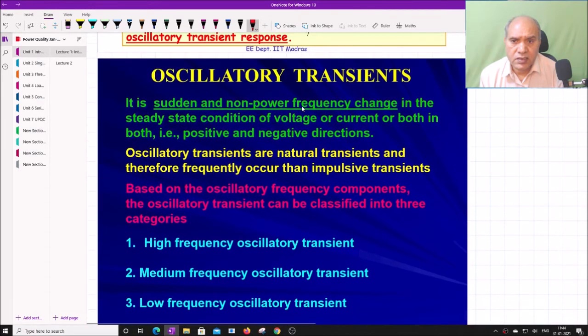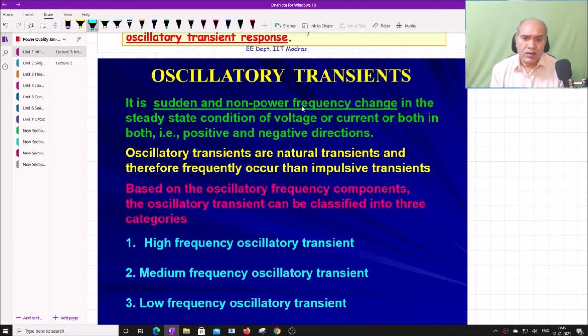As the name indicates, it has oscillations. Therefore, it is characterized by a sudden, non-power frequency change in the steady state condition of the voltage or current, positive or negative, because these are oscillations, so they may have positive or negative magnitudes.